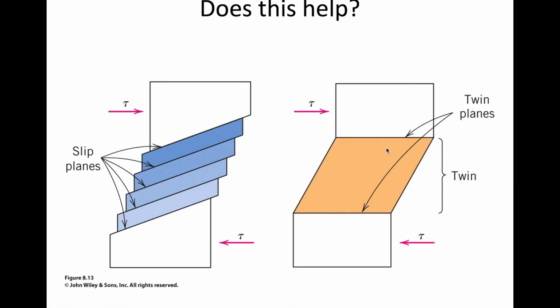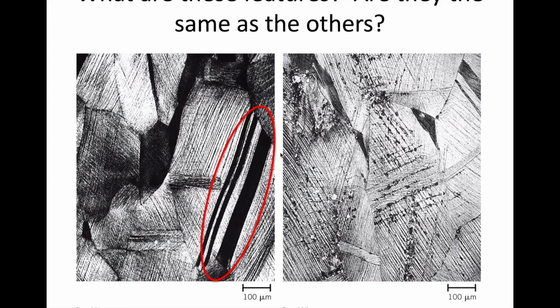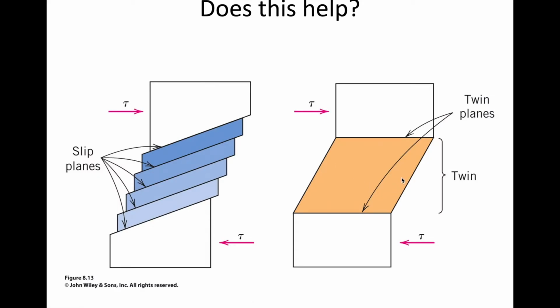The larger bands here, these really thick black lines in this case, again, are parallel. They're still parallel to the slip bands, but in this case, they're much wider, right? And that's because of twins, right? So this twinning process can occur from mechanical forces.